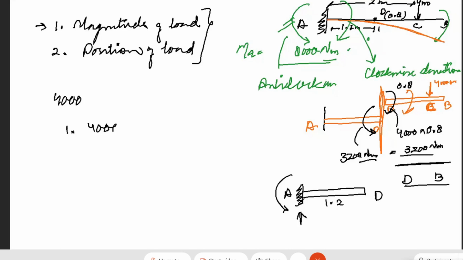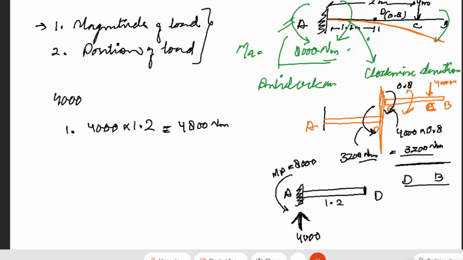Now I want to see what actually happens at point D. I have two loads. One is your moment. The moment will go in which direction? The moment will go clockwise. And then I have another moment of 8000, which goes in which direction?